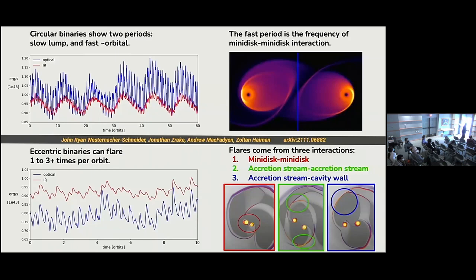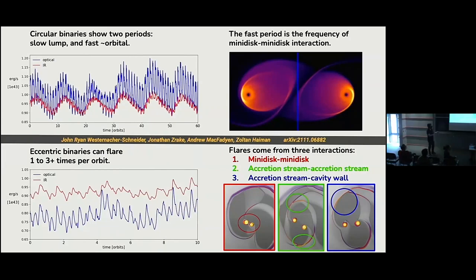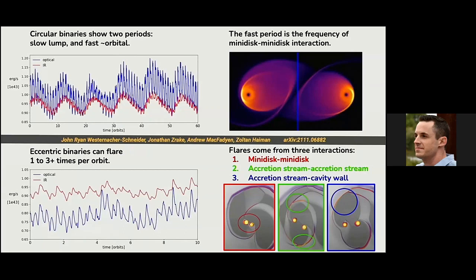Right. Good. Okay. Can you also tell us what exactly you mean by interaction between the mini disks? Which fluid element is striking which other fluid element and leading to dissipation? Their extent is such that they just reach into each other, and so they just crash into each other and sort of trade mass.